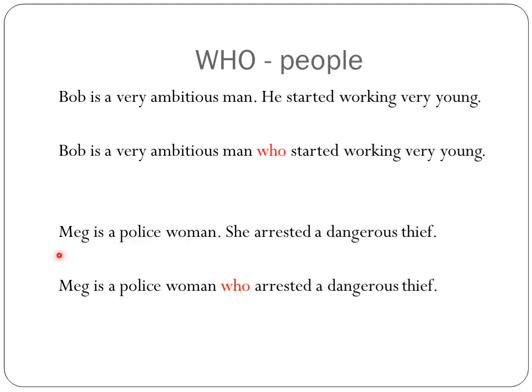Policewoman refers to Meg as well. So Meg is a policewoman who arrested a dangerous thief. Again, we linked the two sentences. We eliminated the pronoun she and we substituted it by who.